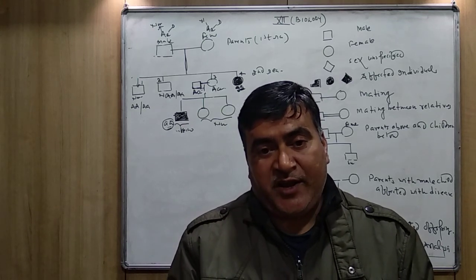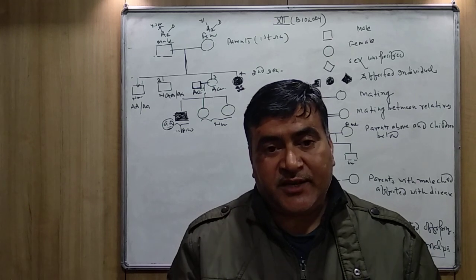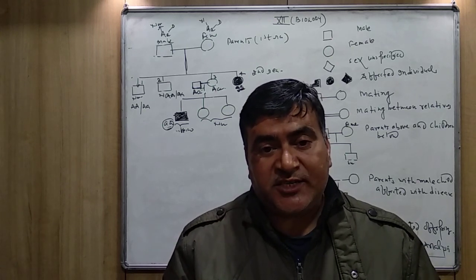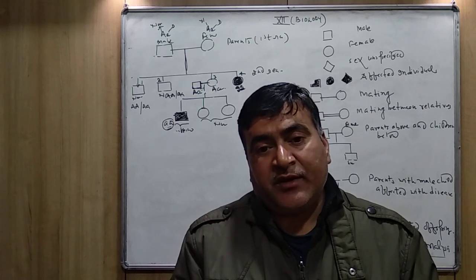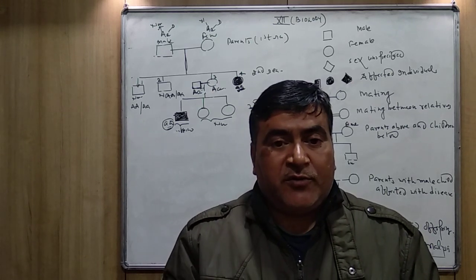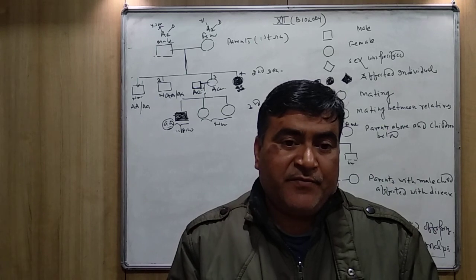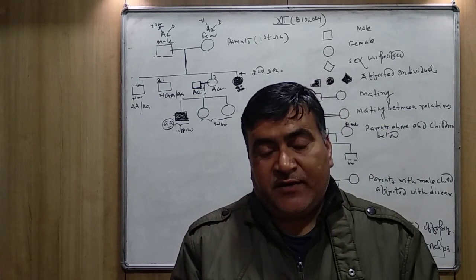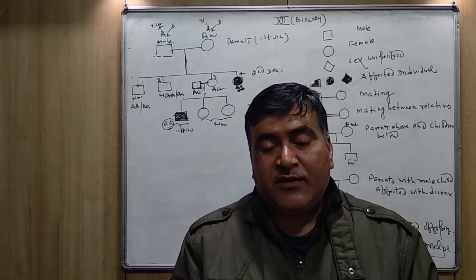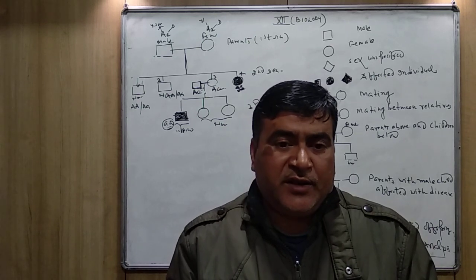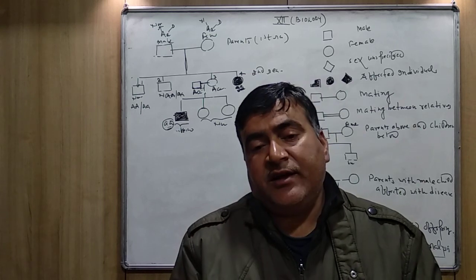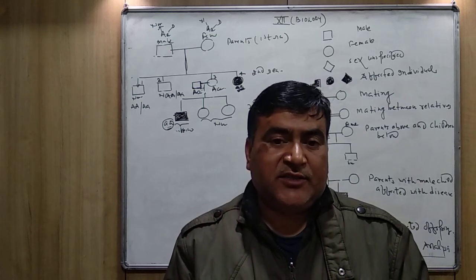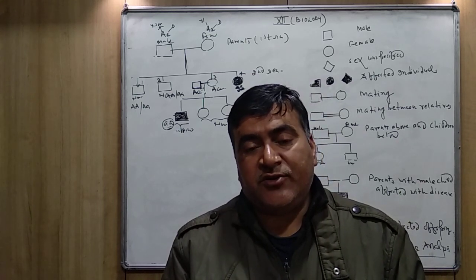Yesterday I discussed aneuploidy, when the chromosomes fail to segregate properly, that is non-disjunction during gamete formation, or polyploidy, where cytokinesis doesn't occur after telophase. So overall, Mendelian disorders are generally caused by mutation, and chromosomal disorders are caused due to non-disjunction.